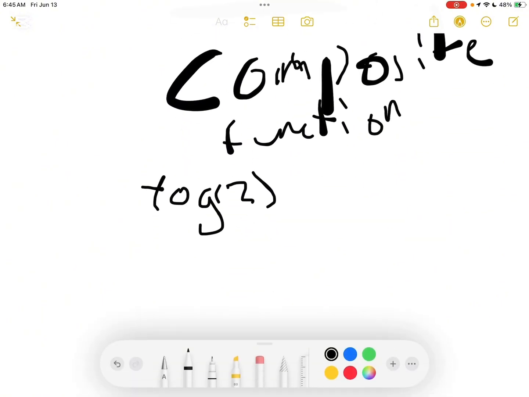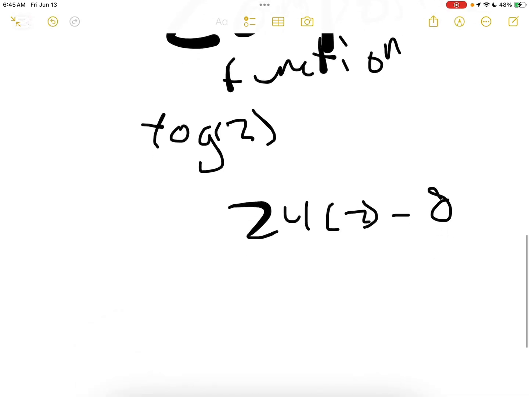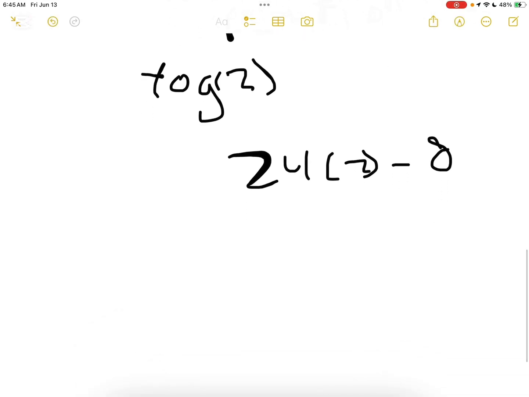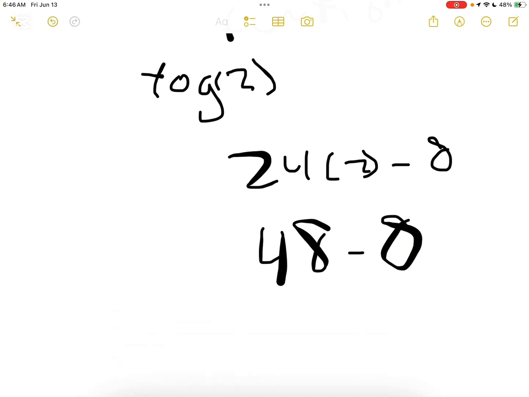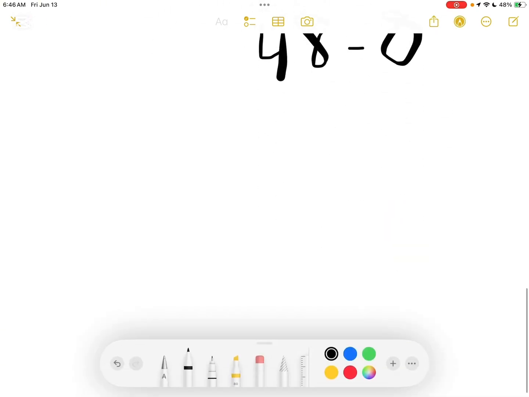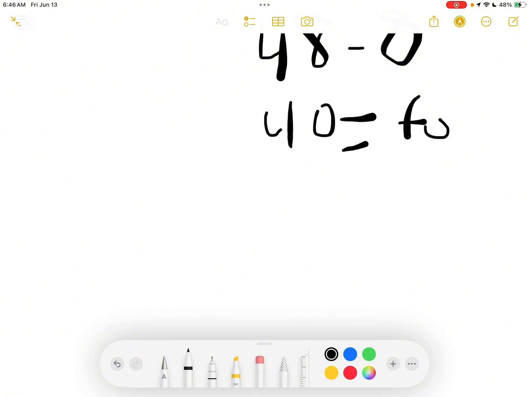So, instead of it being 24x minus 8, it's now 24 multiplied by 2 minus 8. So 24 times 2 is 48, and then minus 8. So we have 48 minus 8, which becomes 40. So 40 is equal to f of g of 2.